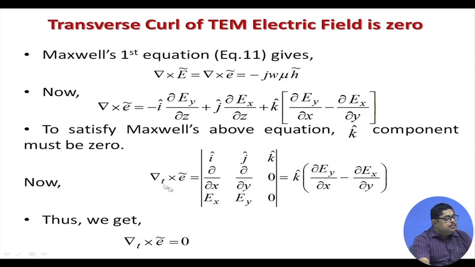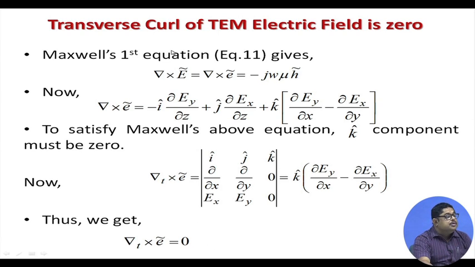Now let us see what is our required one, that transverse curl of transverse field. If you do the mathematics, it becomes k of that. Now this is 0, so put that here. So it does not have any k component. So we can say that del t cross E, the whole thing goes to 0. So that is also 0.